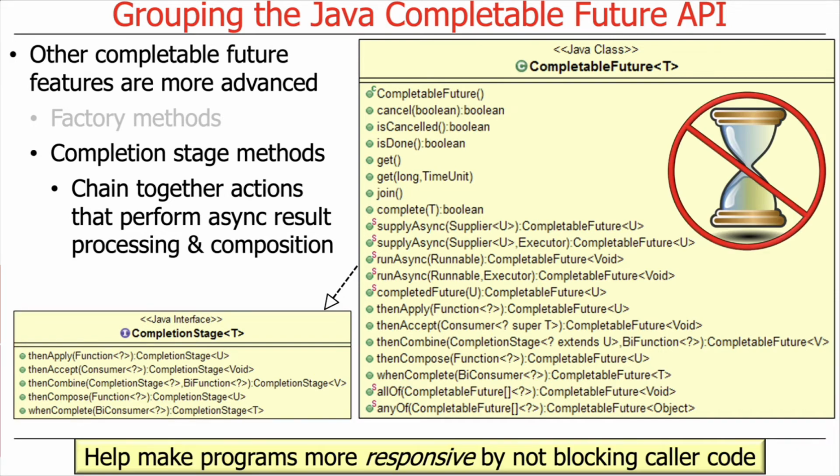If you think back to the reactive programming principles, the completion stage methods help make the Completable Future framework more responsive by not blocking caller code. So you have client programs that make calls, and by using these completion stage methods, the caller code doesn't need to block. You can run asynchronously without blocking the caller.